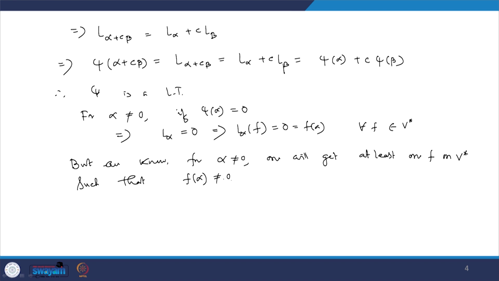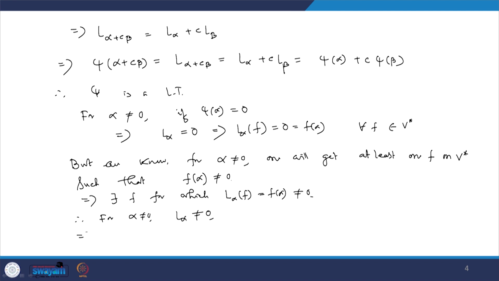So, this implies there exists f for which L alpha f equal to f of alpha not equal to 0. This implies that for alpha not equal to 0, L alpha cannot be equal to 0, I mean the zero linear functional.